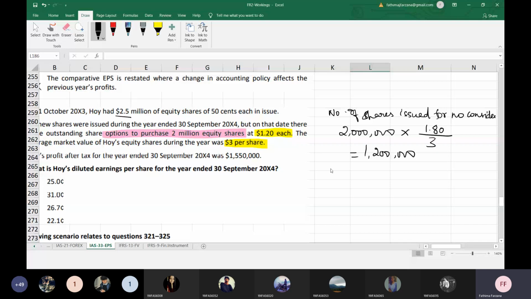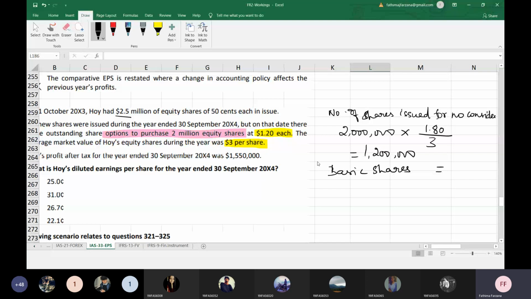What is the total number of shares now? For that, I should find how many basic shares I have. How to find the number? 2.5 million divided by 50 cents. Say I have a box of chocolates worth 500 rupees, and one chocolate is 5 rupees.